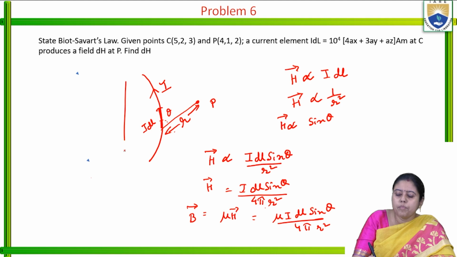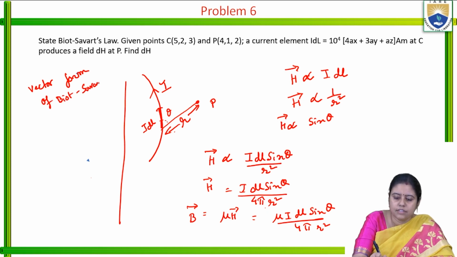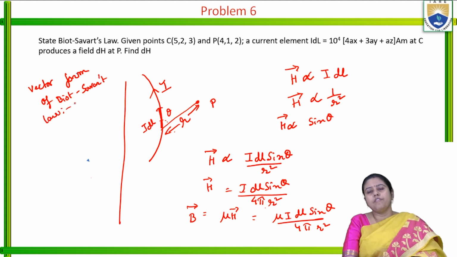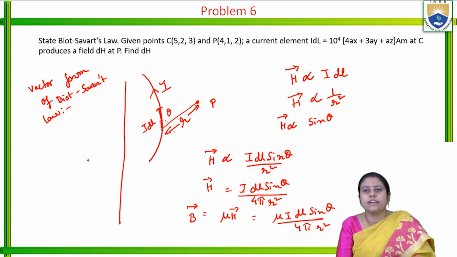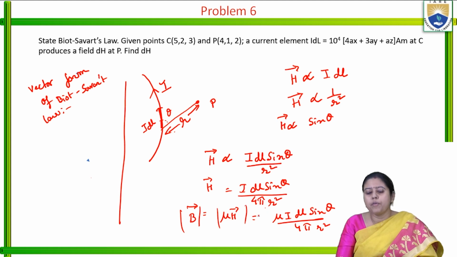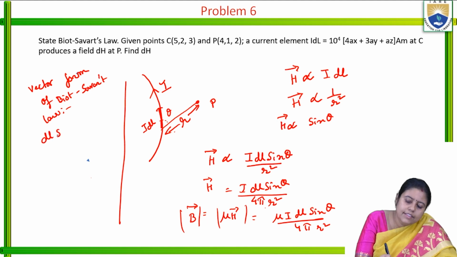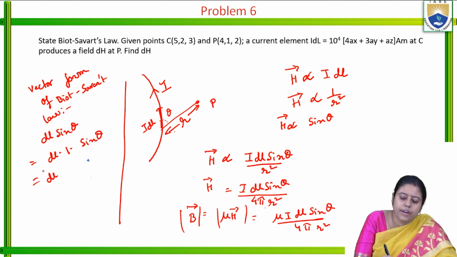Now, if we want to write the vector form of Biot-Savart's law, what is it? This is the scalar form, the magnitude of B, the magnitude of mu H. But if we want to write the vector form, we can rewrite dl sine theta as dl into 1 into sine theta. So dl is the length vector dl.